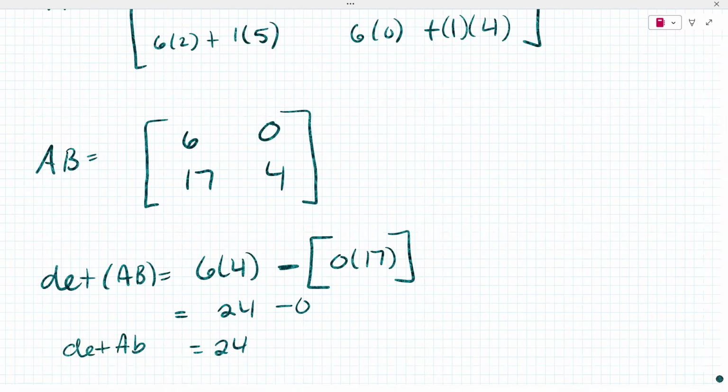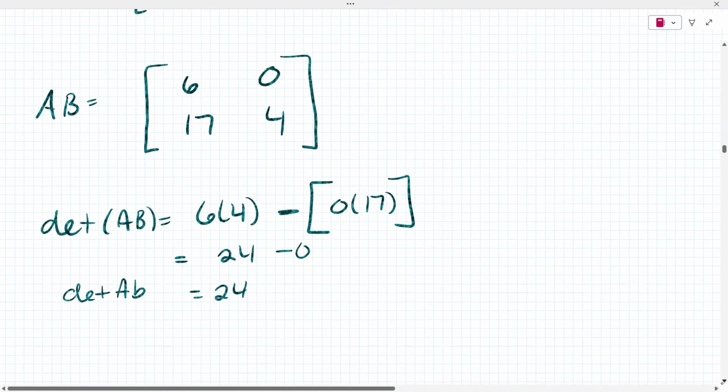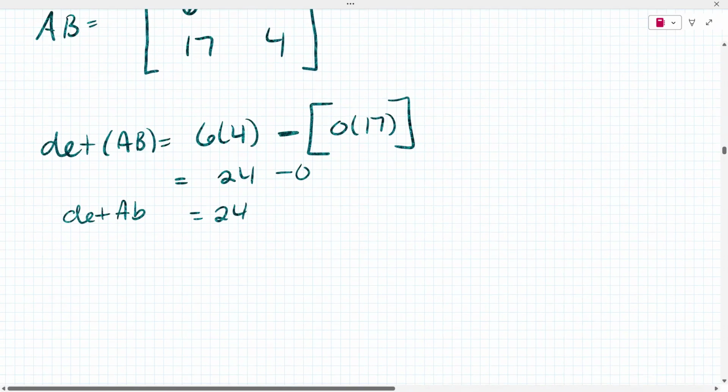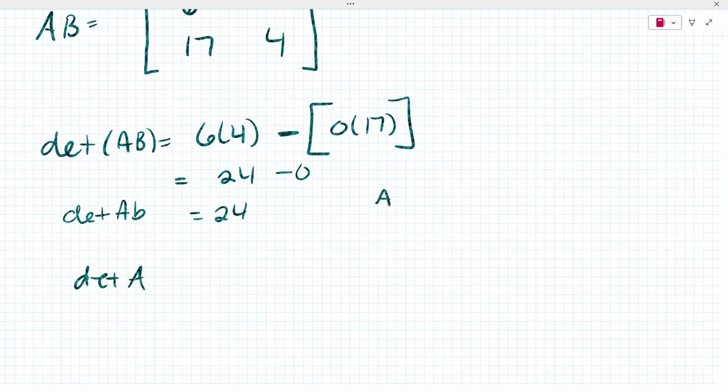What about the determinant of A? We found the determinant of A times B, so what about just the regular determinant of A? A was 3, 0, 6, 1, right? It's a square matrix, so it's pretty easy.